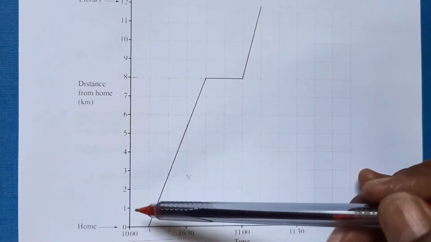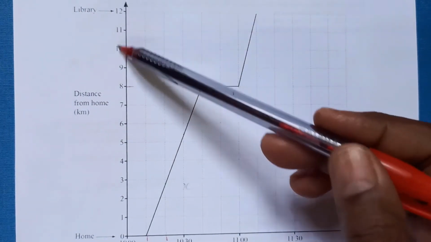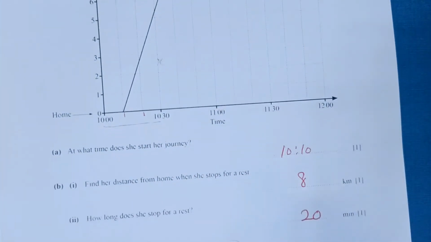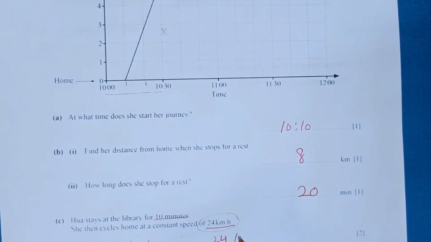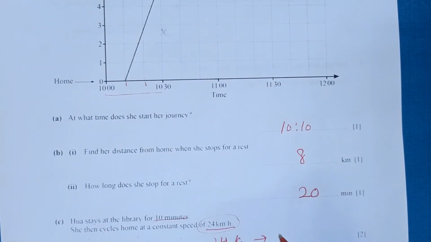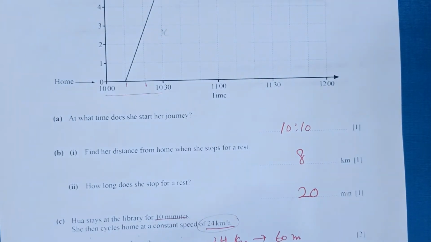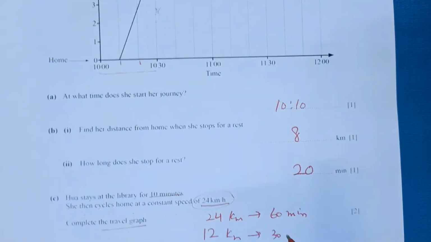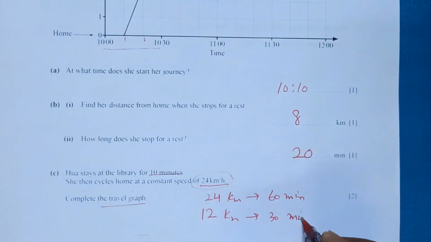So from home to library, this is 12 kilometers and her speed is 24 kilometers per hour. So 24 kilometers in 1 hour, that means 60 minutes, and then it will be half, 12 kilometers, in 30 minutes.